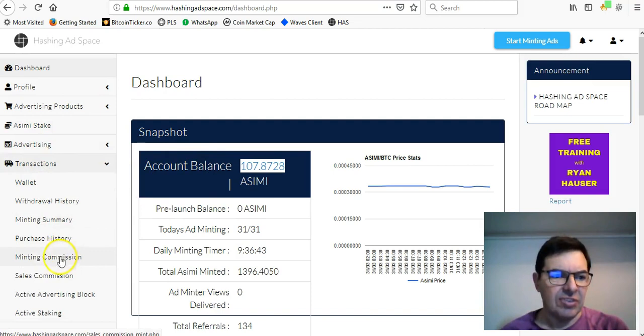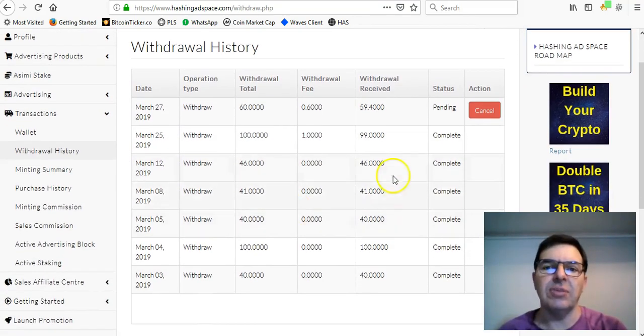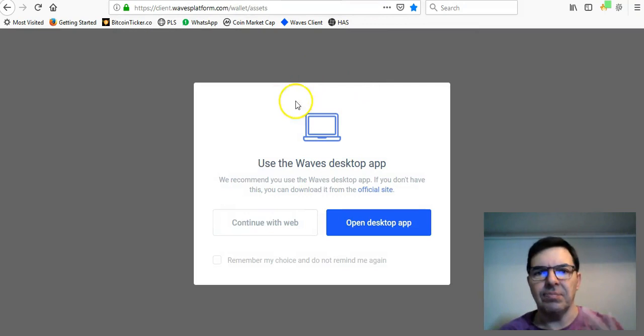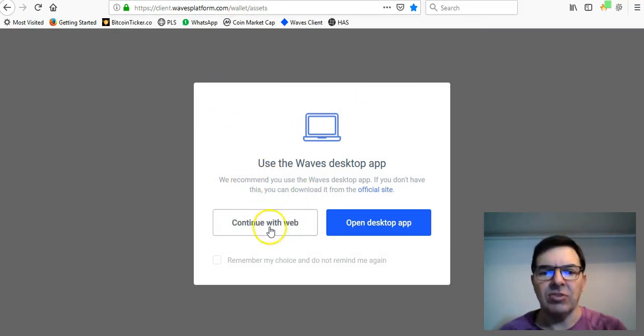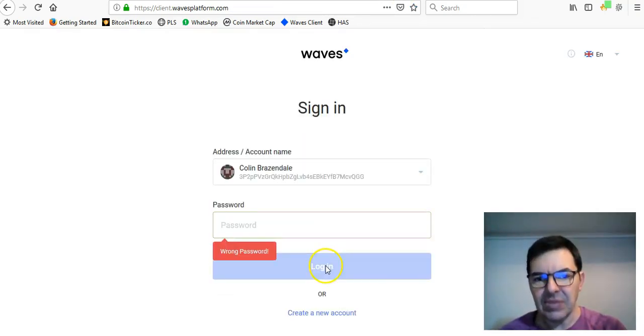If you go to my transactions, and I just want to show you my withdrawals, I've already withdrawn about 400 Asimi. There's a pending order here. It takes about 3 working days for it to withdraw the Asimi, and then it goes to my Waves exchange, and in the Waves exchange I can then, oh no, I've got the wrong password here.